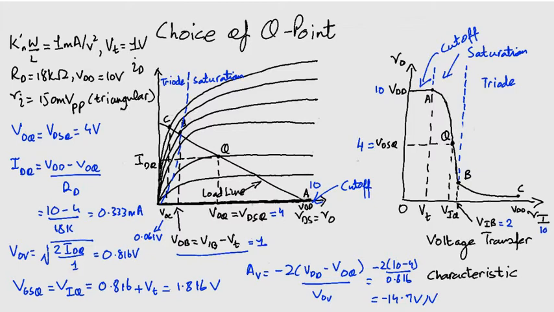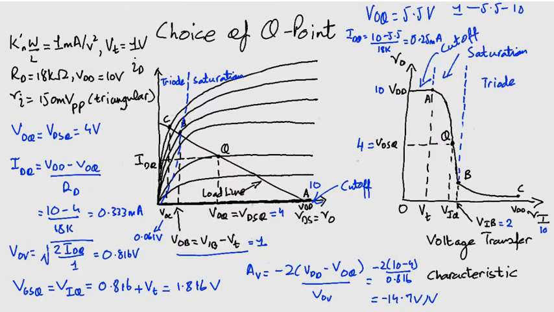We could have chosen another Q point, which is V0Q equals 5.5 volts. This is in the middle of the range 1 to 10, and like the 4 volts that we had chosen, would have given sufficient output swing when the small signal input was applied. Let's calculate the voltage gain using this.